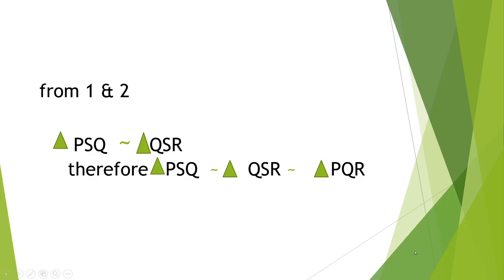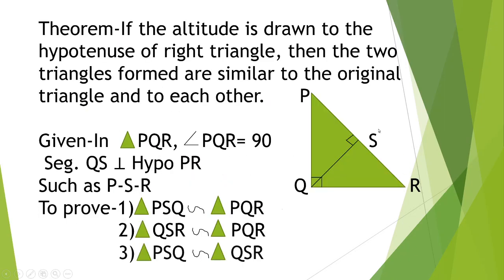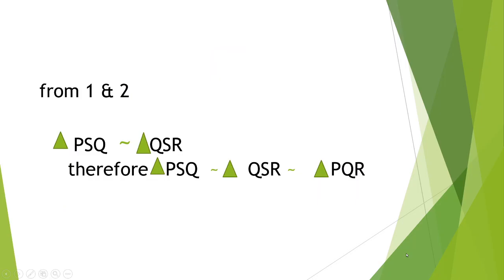Means if there is a right angle triangle and altitude is drawn on hypotenuse, then you can directly say all these triangles, means original triangle PQR, triangle PSQ, another triangle QSR, all three triangles are similar to each other.